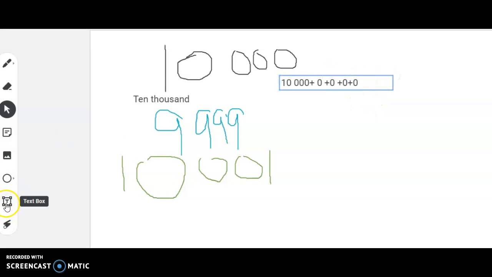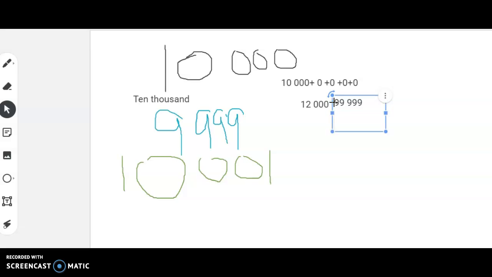With 10,000, we can always display higher than 10,000, right? We can write 12,000. Does anybody have any idea what might come after 10,000s, or what would come after 99,999? What comes after that? Right. We would get 100,000.